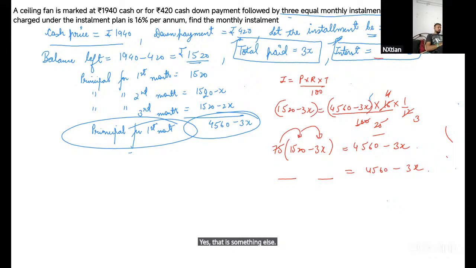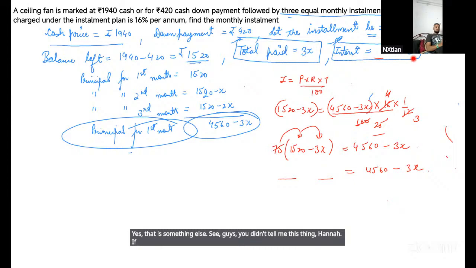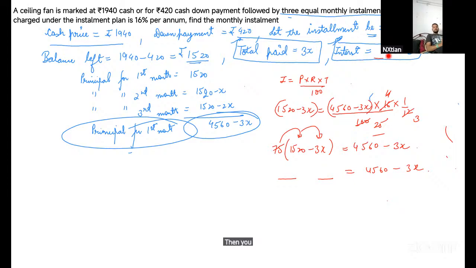See, guys, you didn't tell me this, Hannah. If interest is this, then for example 1520 minus 3x, you will get a negative answer, na? Because the installment which I'm paying will always be greater than the balance left.